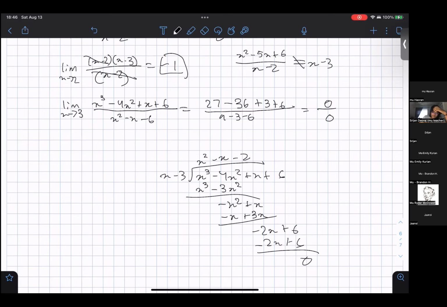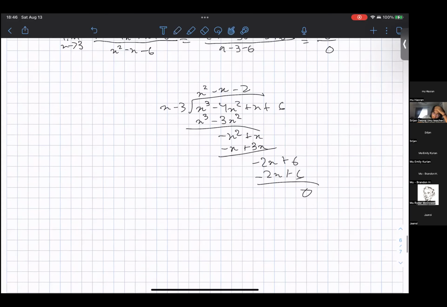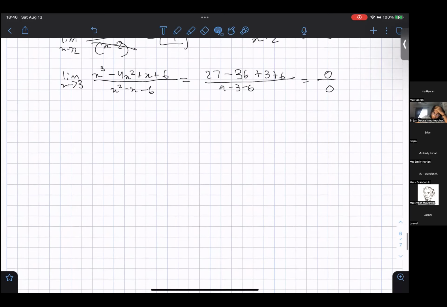So that's the top. We can factor out. I'm going to get rid of this. Wait.